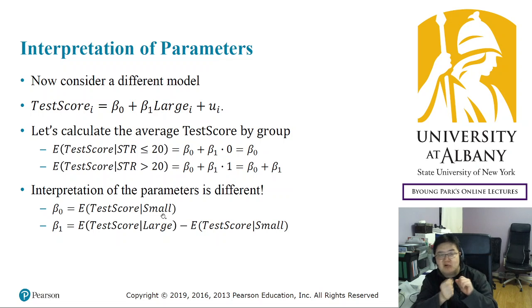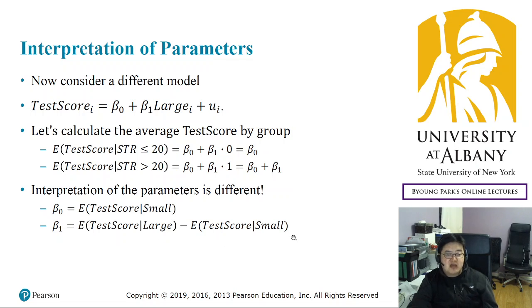So of course, if you look at the estimation results, they will be different, and the interpretation must be different. And beta 1 is, as before, the difference between these two groups, the difference in the averages between these groups. But the order is now different: what you subtract from what.